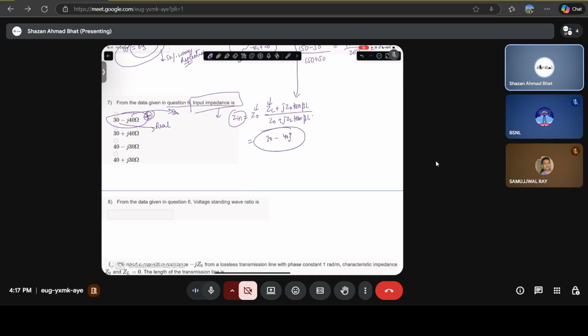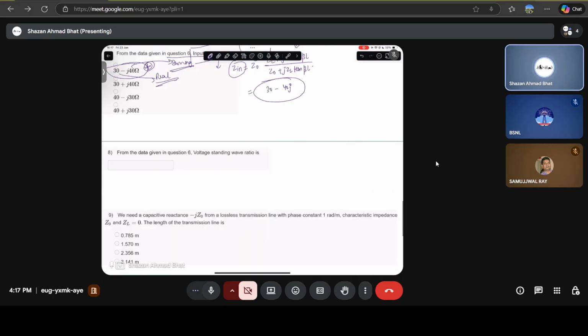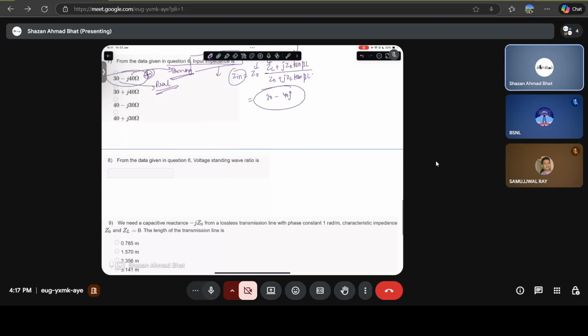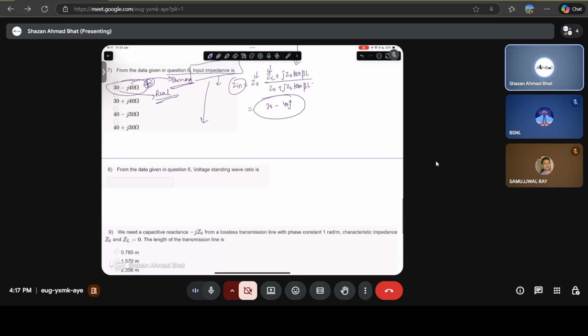This is the imaginary part. Most of the time it's written as R plus JXL. This is the reactance part.